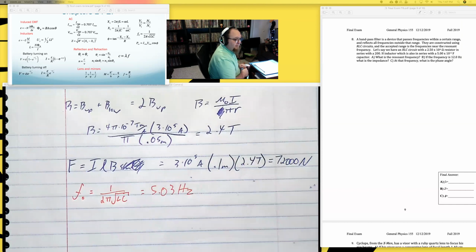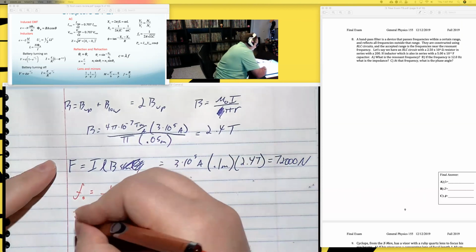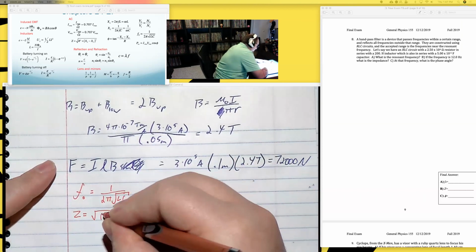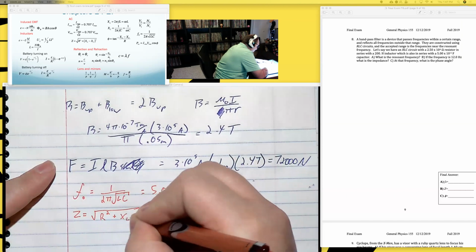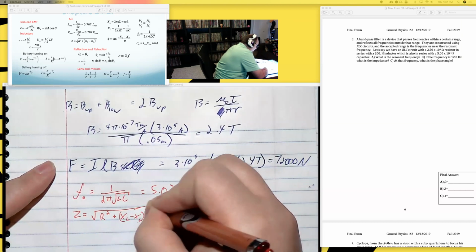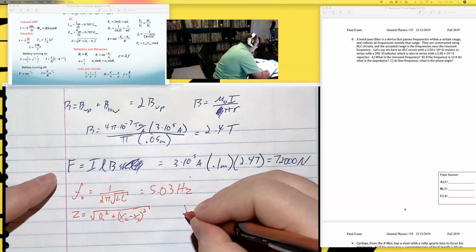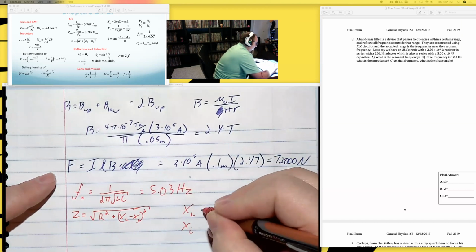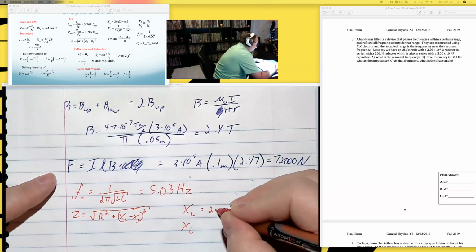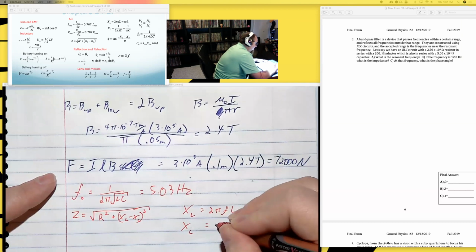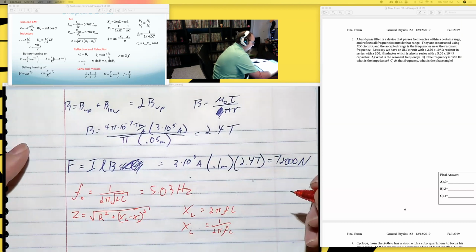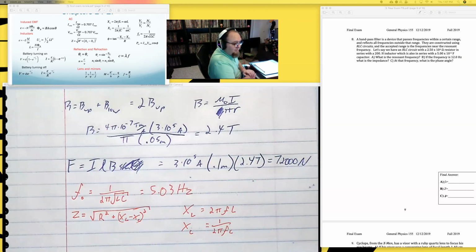B, if the frequency is 12 hertz, what's the impedance? Impedance is the square root of R squared plus X of L minus X of C, squared. Anything with impedance, you need to get X of L and X of C. Well, X of L is 2 pi F L, and X of C is 1 over 2 pi F C. Now here I gave the frequency, I said it's 12 hertz, and so I'll just plug into these.